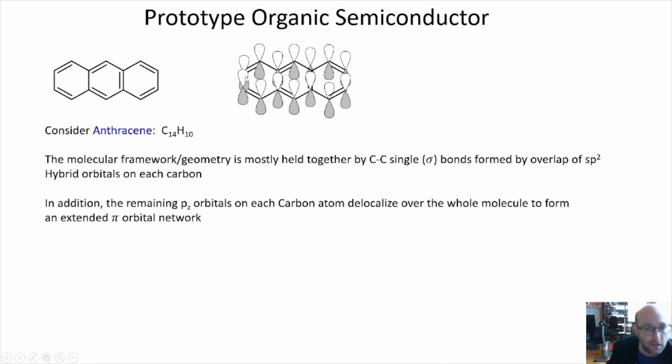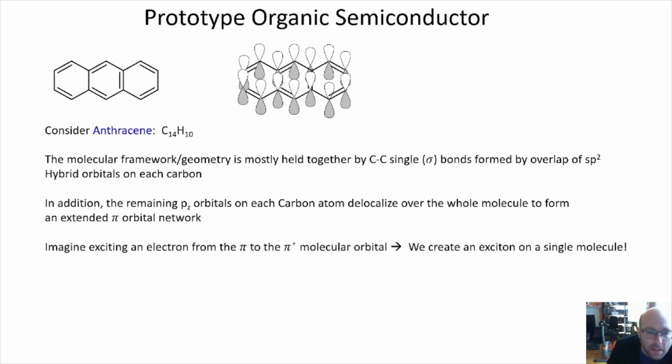And these electrons in the pz orbitals that are left over can essentially delocalize over the whole molecular framework and make an extended pi orbital network. And that's like the characteristic feature of a typical organic semiconductor, that you've got this sort of extended pi network that describes the lowest energy excitations in the molecule and the molecular solid, if you're interested in that, which I am.